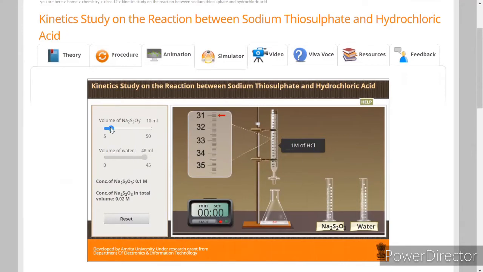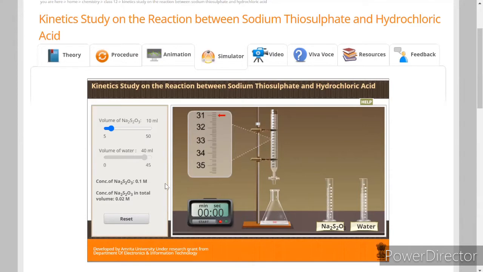When we increase the volume of sodium thiosulfate, the volume of water is automatically decreased. We should know from the procedure that the total amount of the solution is 50 ml. Here, the concentration of sodium thiosulfate is 0.1 molar.